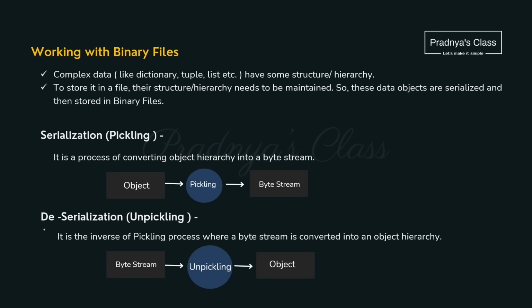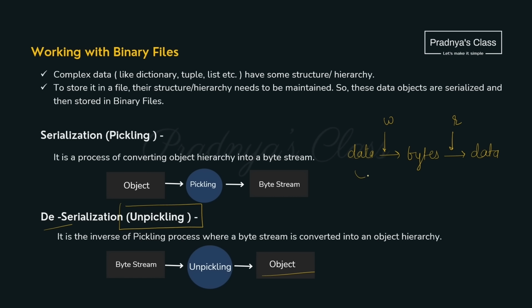And the reverse of it is deserialization, or we will say unpickling. When we read data, byte stream again will get converted to the object. So let's summarize the process. While writing data into the binary file, data will get converted to the byte stream. And when we read it, that bytes again will convert back to the data what we have written to the binary file. So this process is nothing but writing, and this is the reading process.